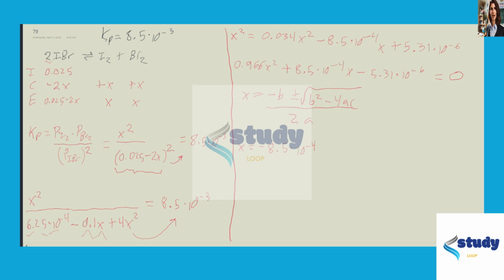However, it's worth remembering that we need our concentration to come out as positive, and we're starting with a negative number here. So if we wrote minus, there would be no way for us to get a positive concentration. So we are only going to take the positive root.